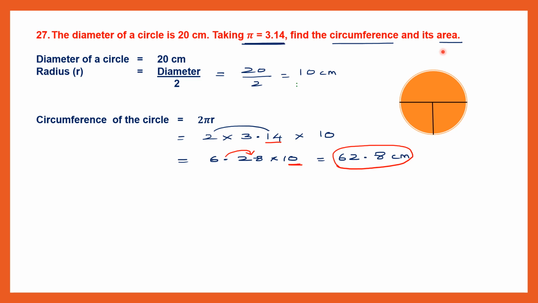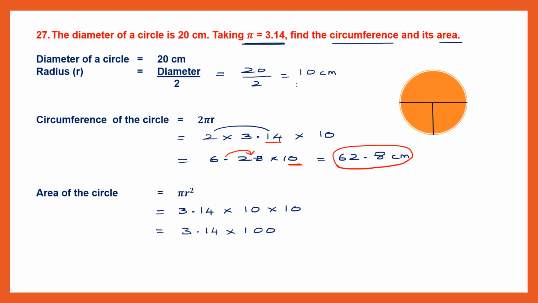Now we are also asked to find the area. And what is the formula to find the area? The formula is pi r square. That means pi into r, and pi is given as 3.14, into r, and radius we found out to be 10 centimeters, and into 10. So this is 3.14 into 100. 10 into 10 is 100.